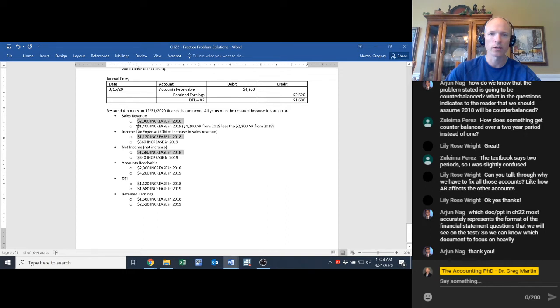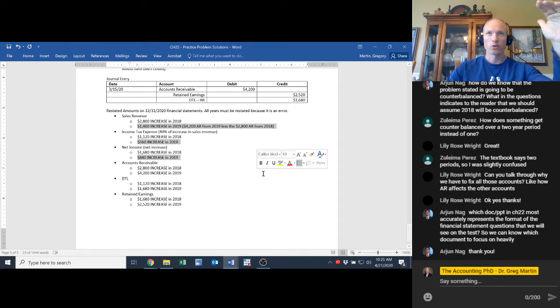And then similarly, we have the 1,400 minus the 560 gives us 840 net increase in net income. Again, for the test, you're going to be responsible for total revenue, other expenses, and income tax expense separately. I'm just illustrating what happens to net income here.